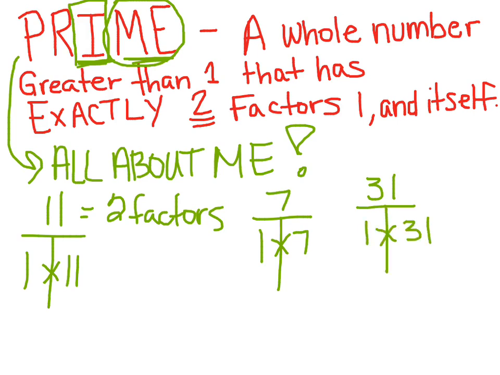Those are all prime numbers because they only have 2 factors, 1 and itself. And when I say itself, I'm saying 31, so the factors for 31 are 1 and itself. Okay, does that make sense? Okay, so prime numbers, all about me. Only 2 factors, 1 and itself. Composite numbers, loves company. More than 2 factors.